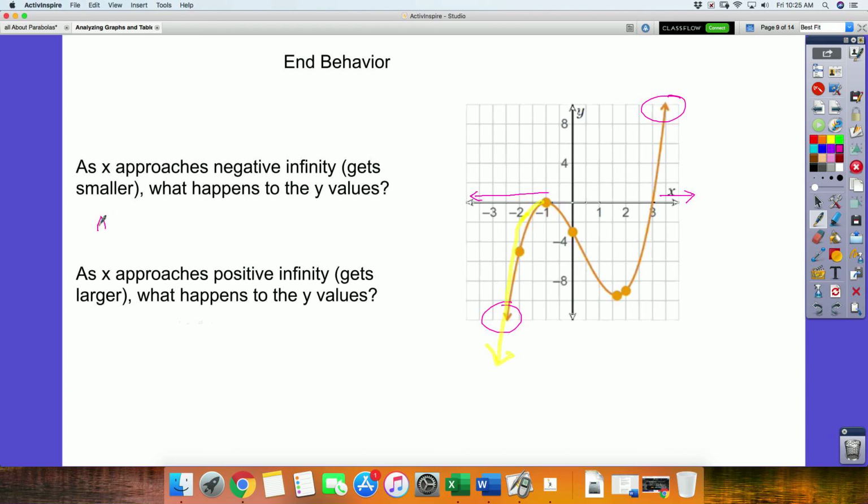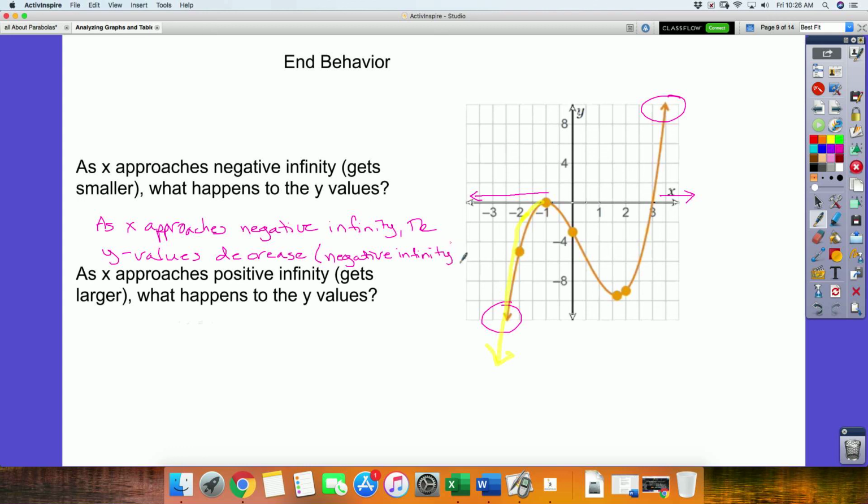So we could say, as x approaches -infinity, the y values decrease. And since they're getting smaller, they're also going to -infinity.